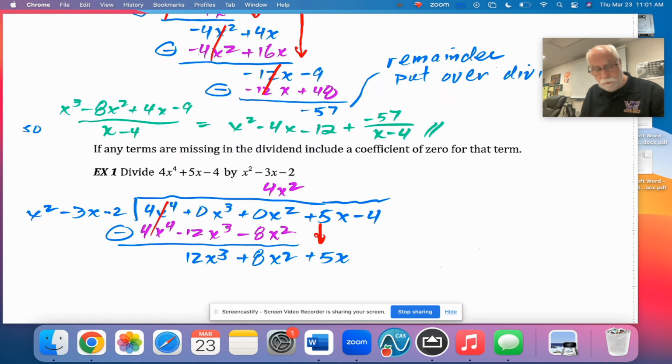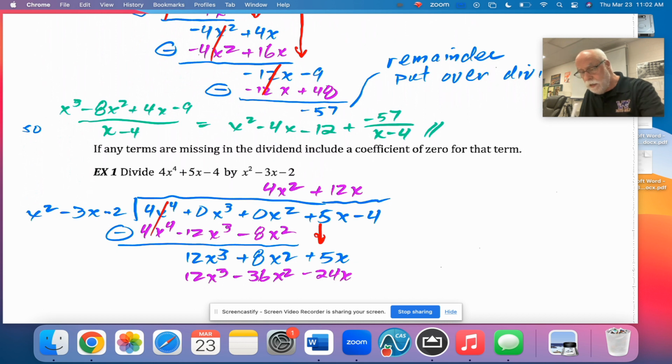We're going to do the same thing. X squared times what gives us 12x cubed? You would tell me it would be a positive 12x. All right. And if I work all those out, I'm going to just go ahead and write them down for you. 12x cubed, we'd get negative 36x squared, and we would get minus 24x.